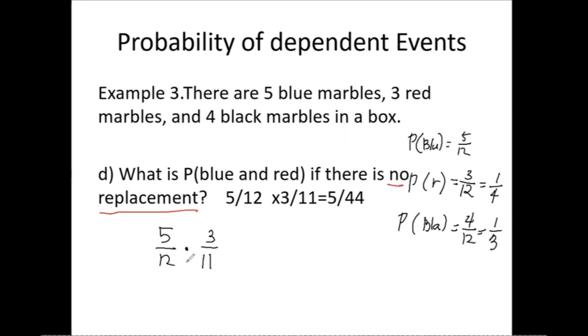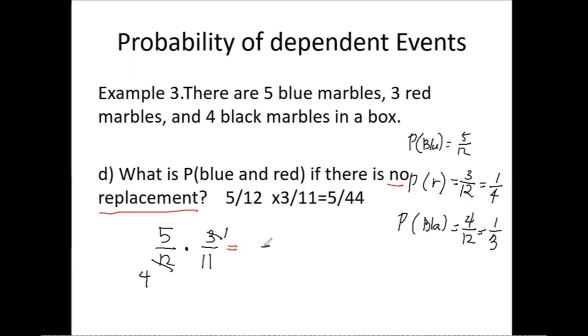Okay, so kung walang replacement, magde-decrease lang yung ating marble. Okay? So from 12, mababawasan ng isa kasi hindi na ibabalik yung bola. Okay, no replacement. Kaya magiging sagot natin, kasi ito ay cancel na, yung part na to, pwede nang cancel out. Pwedeng 1 out of 4 na lang.